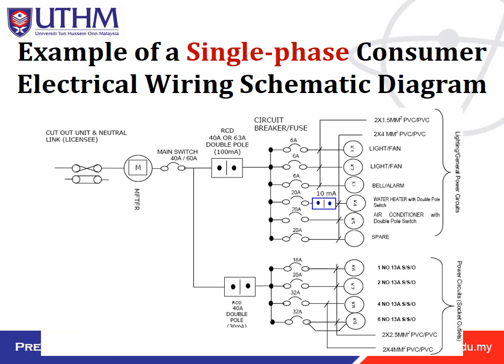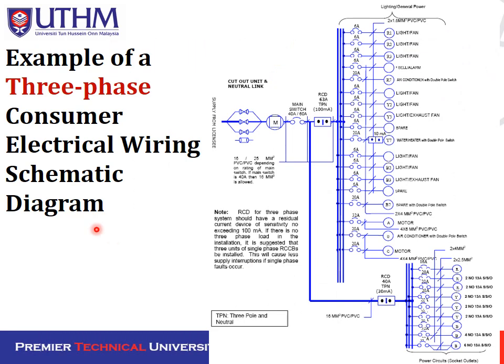Okay, this is the example of a single phase consumer electrical wiring schematic diagram. From this diagram, we can see that we have the main switch here, only one. Okay, this is the example of a three-phase consumer electrical wiring schematic diagram.